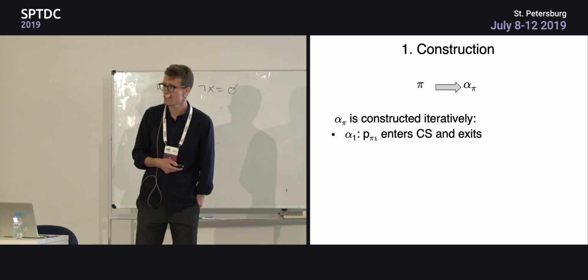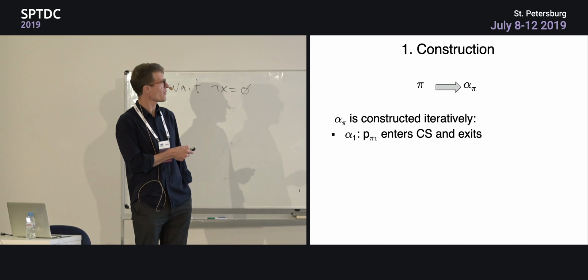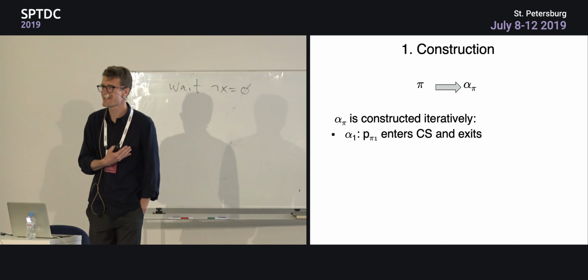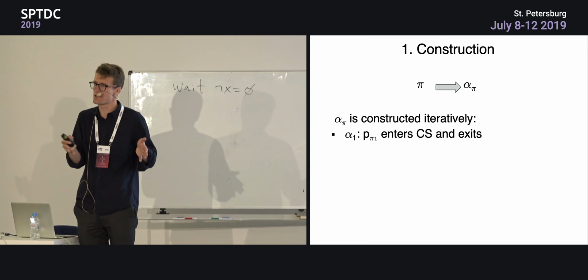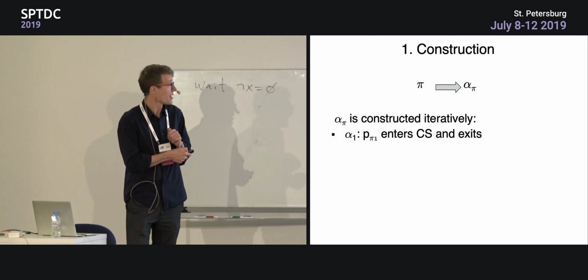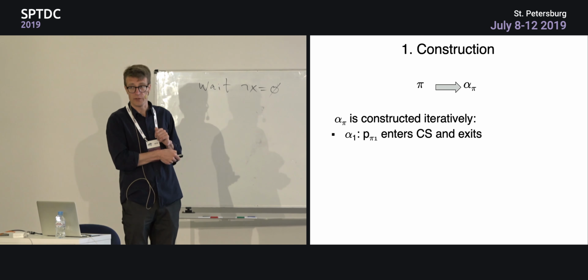So I begin with, sorry for the notation, alpha 1, a subsequence of alpha pi, my resulting desired execution. So alpha 1 is an execution in which only p pi 1 executes.